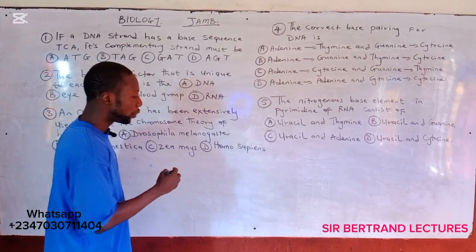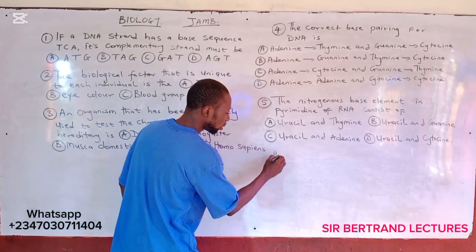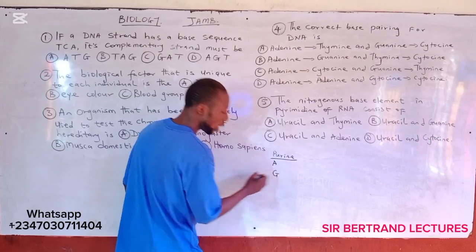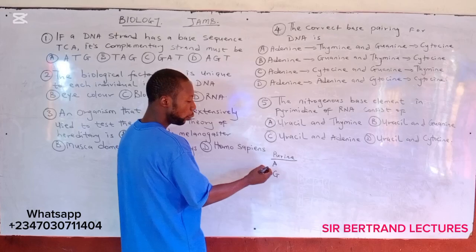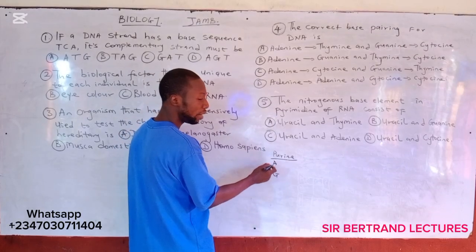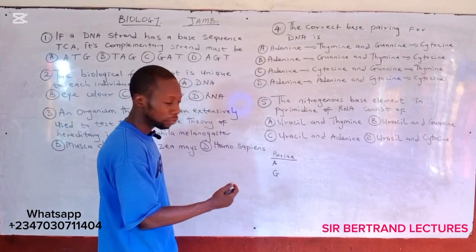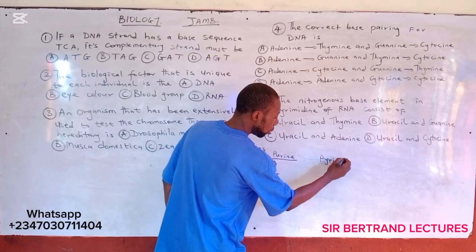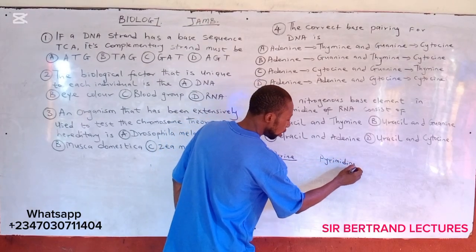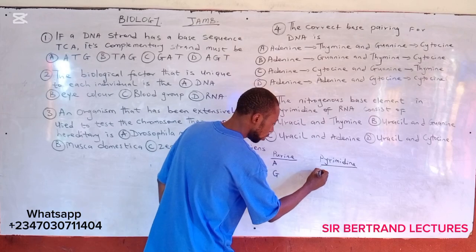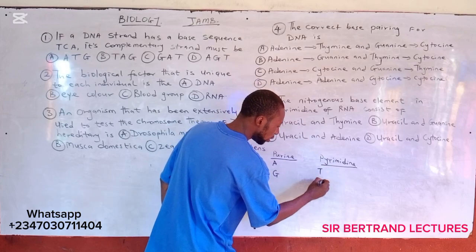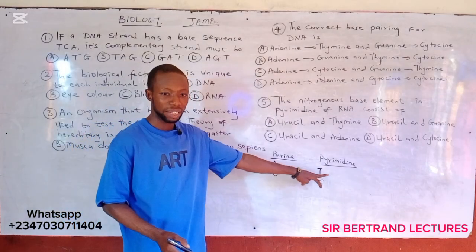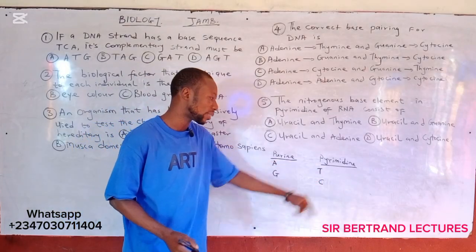I told you in the last video that the purines are adenine and guanine, which I represent with the letters A for adenine and G for guanine. The pyrimidines are thymine and cytosine, which I represented with T for thymine and C for cytosine.